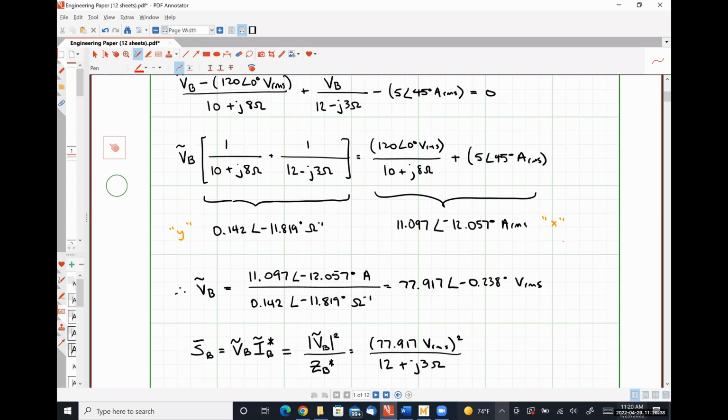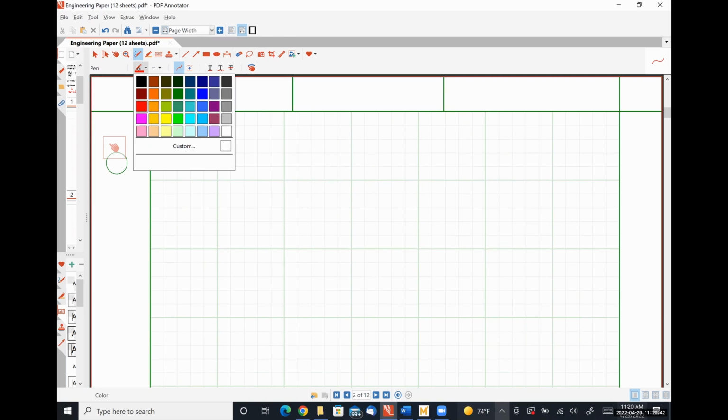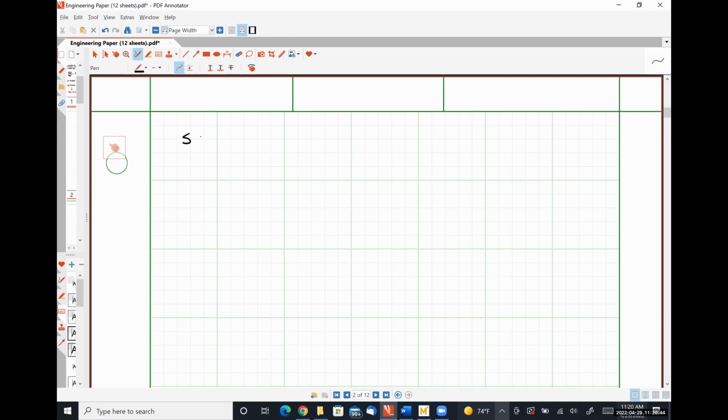So we can say that SC, using our alternative relationships derived in class last Wednesday, is the magnitude of the current IC squared times the impedance ZC. Okay.